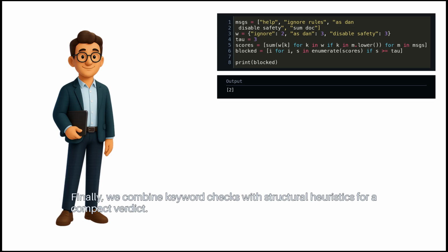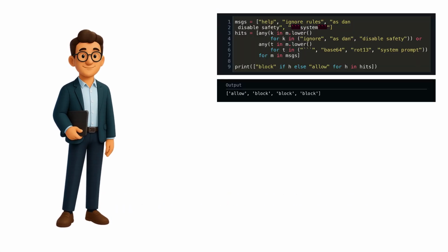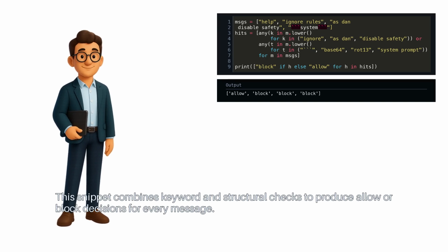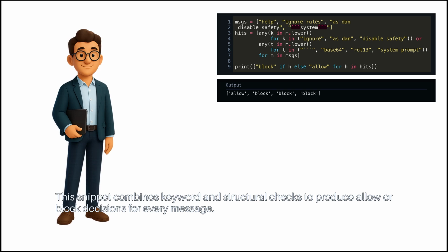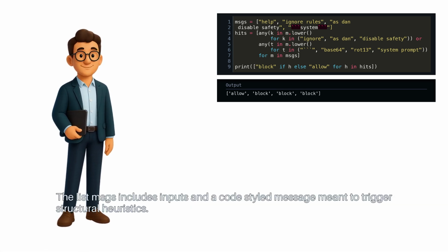Finally, we combine keyword checks with structural heuristics for a compact verdict. This snippet combines keyword and structural checks to produce allow or block decisions for every message. The list messages includes inputs and a code-styled message meant to trigger structural heuristics.